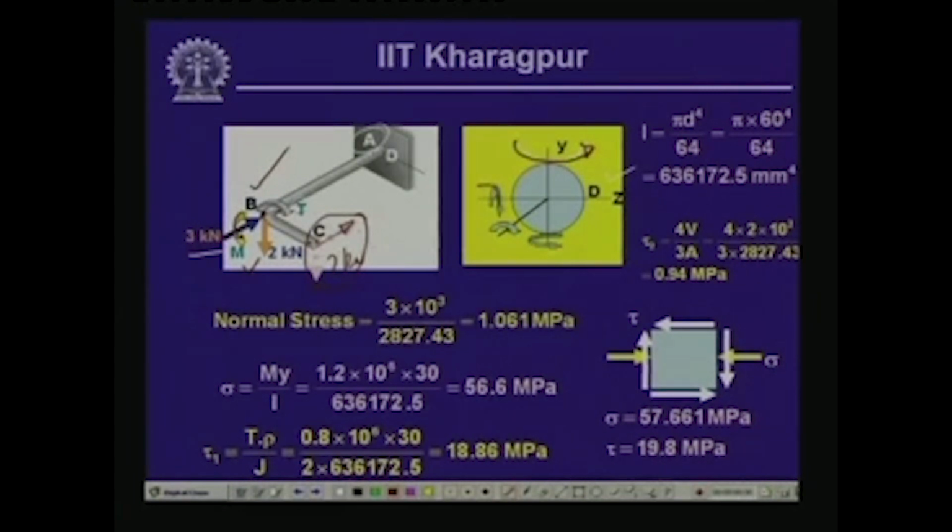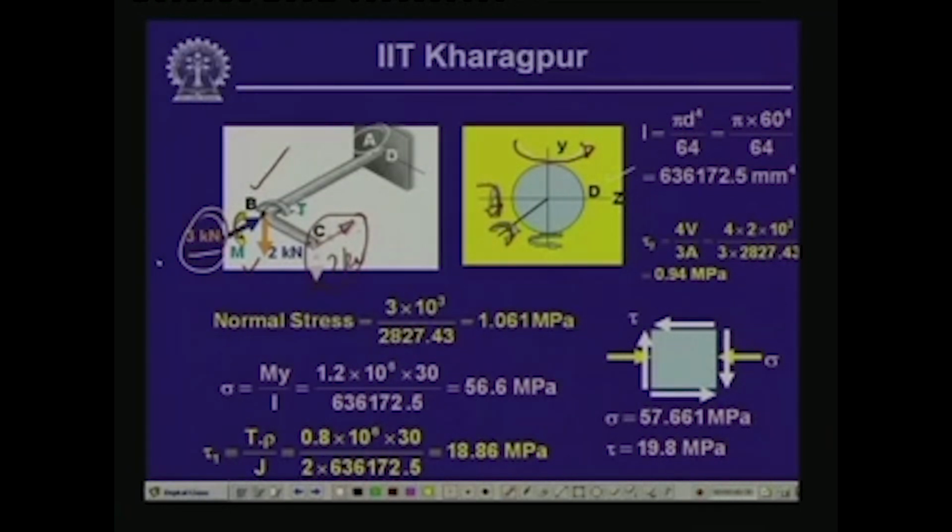Load P is going to cause a moment about the Z axis, and we have T, which is a twisting moment acting about the axis perpendicular to the board. Along with that, we have the axial thrust, an axial compressive force equal to 3 kilonewton.